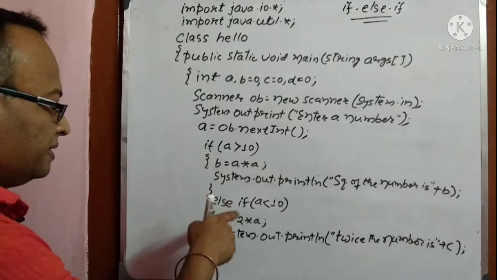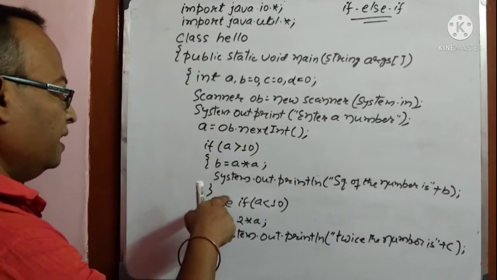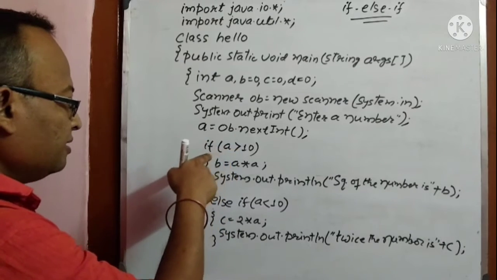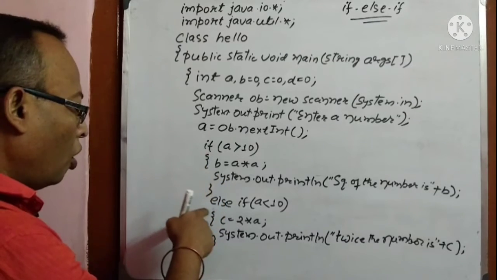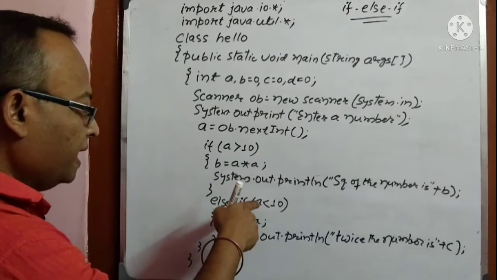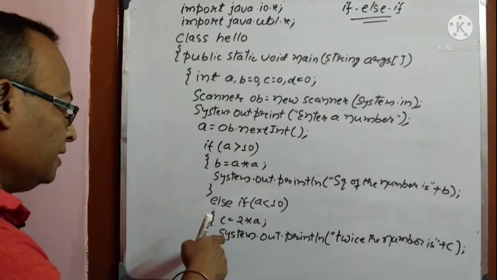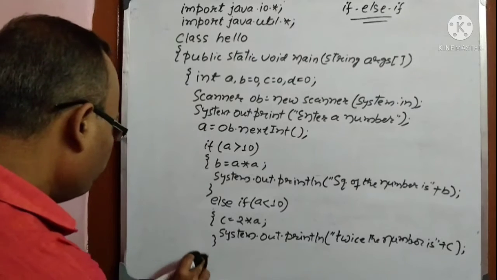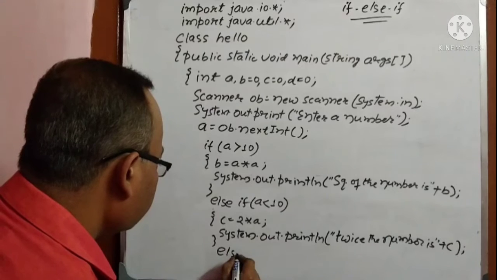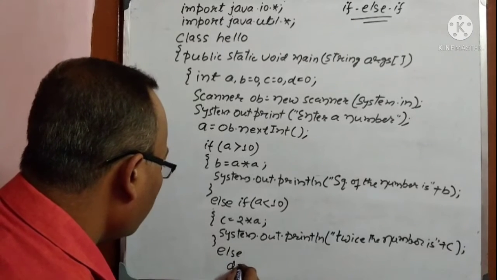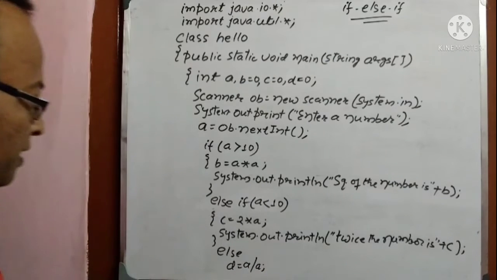Okay, else if, you have to put a space between else and if. If a greater than 10 is true, then this statement gets executed, or else if a is less than 10, then this statement gets executed, and else I am writing d equals a slash a.